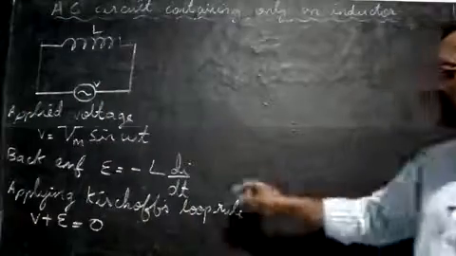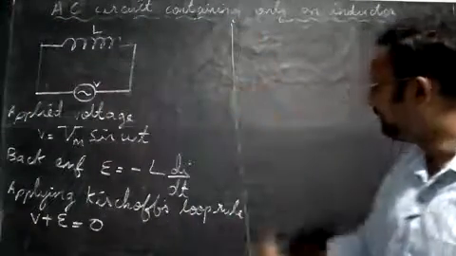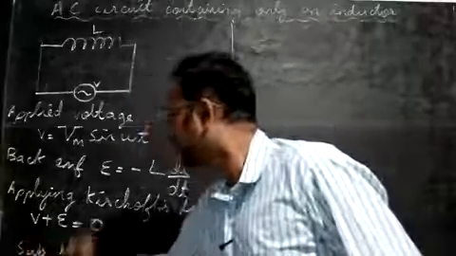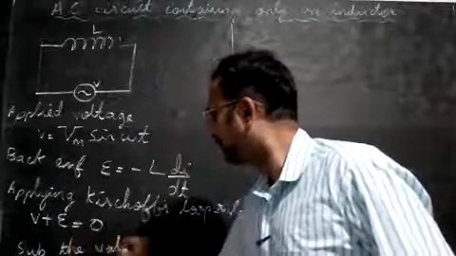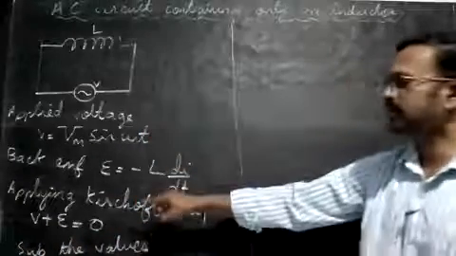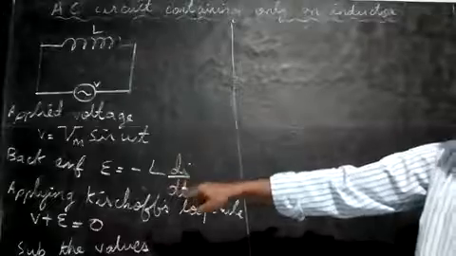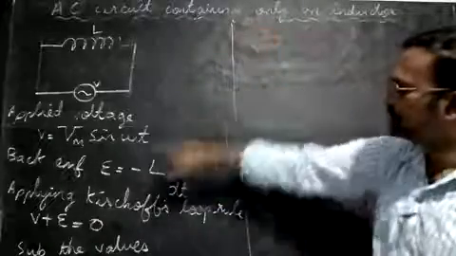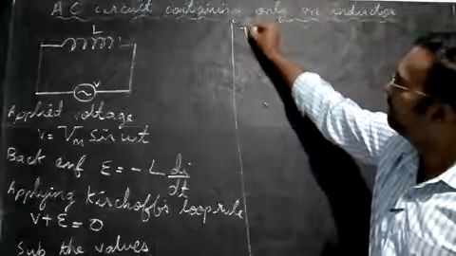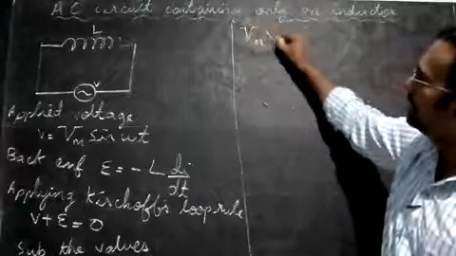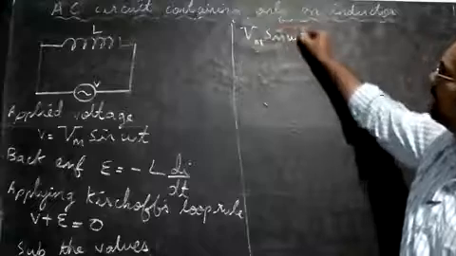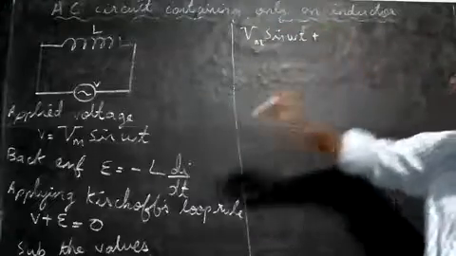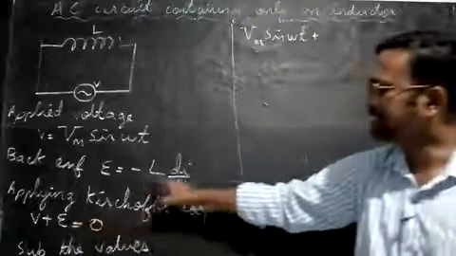That's all. Now substitute the values. Instead of small v and epsilon, you substitute the values here. Small v is Vm sine omega t, plus epsilon, which is minus L into di by dt.